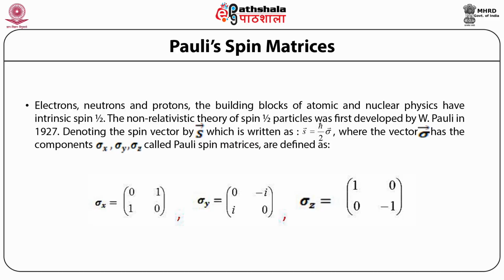So when we define these components of the spin vector sigma by sigma x, sigma y, sigma z, these components are called the Pauli's spin matrices.